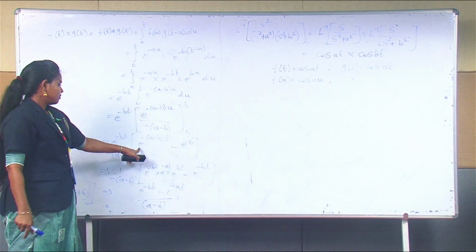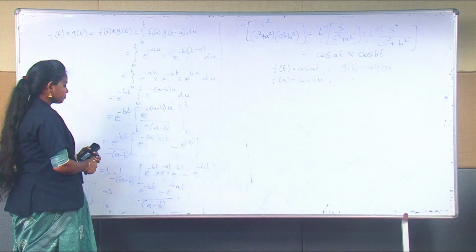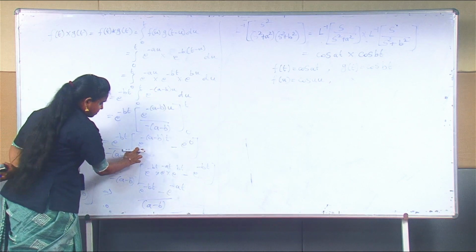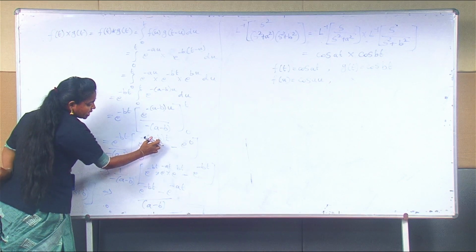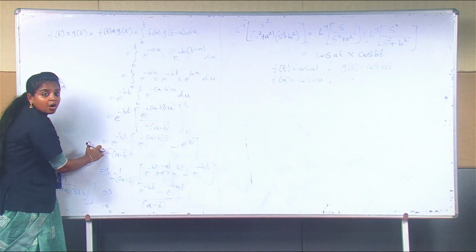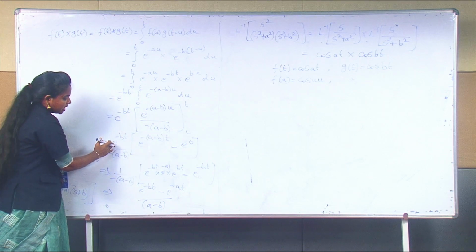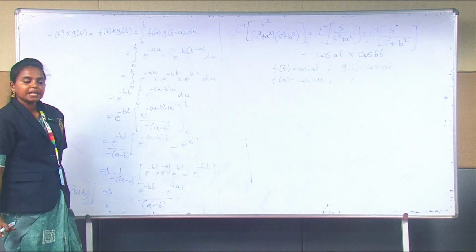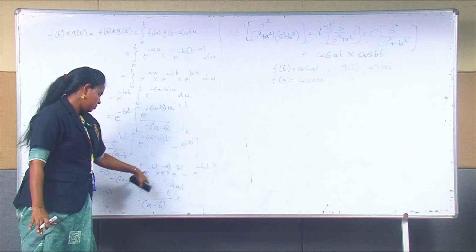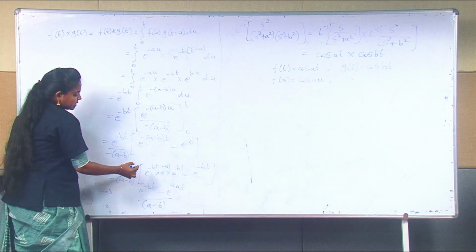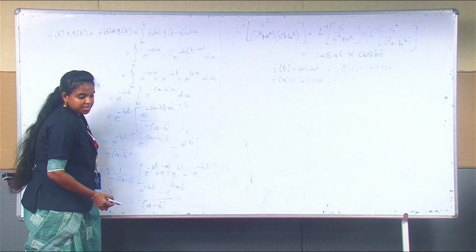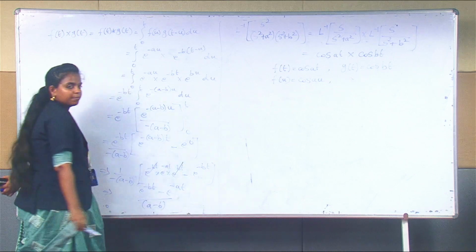Here we are going to write it as e power minus at into minus bt, and outside there is e power minus bt. So, we multiply that inside both terms. After that, we cancel the e power minus bt and e power bt.